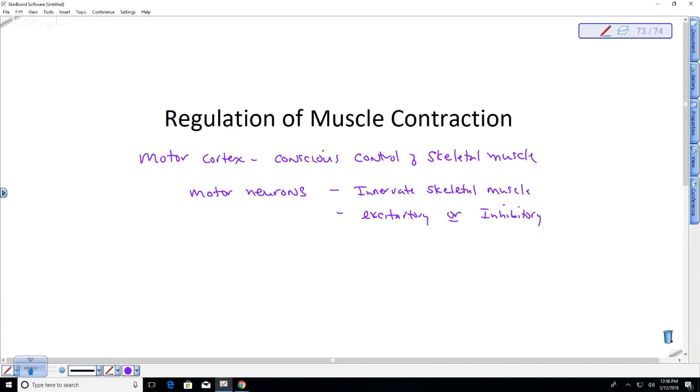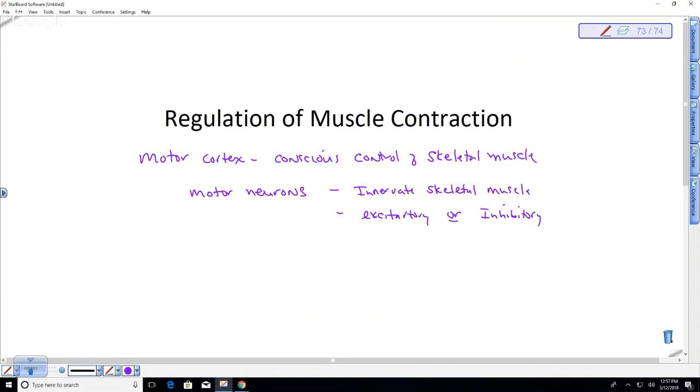So if I'm going to contract this muscle, I need to relax the antagonistic muscle so that they're not contracting in opposite forces, causing my leg to do nothing, right? So we have a prime mover, and the antagonistic muscle would have to do the opposite of what your prime mover muscle is doing. So if I want to bend my arm, my nervous system has to say, triceps relax, biceps contract, right? So we also have to inhibit contraction.